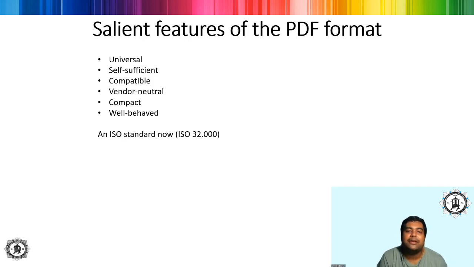So they handed over the entire PDF format along with the intellectual property to the ISO, the International Organization for Standardization, and thereafter the PDF format came to be known as ISO 32000. So PDF does not belong to Adobe anymore, but it is an ISO standard. The number of the ISO standard is ISO 32000.